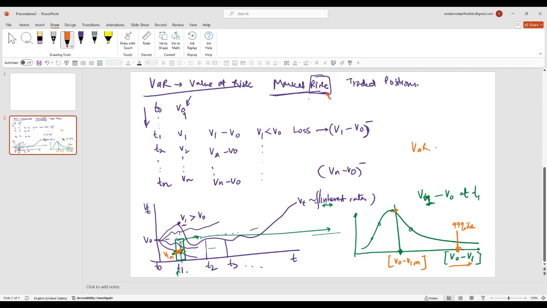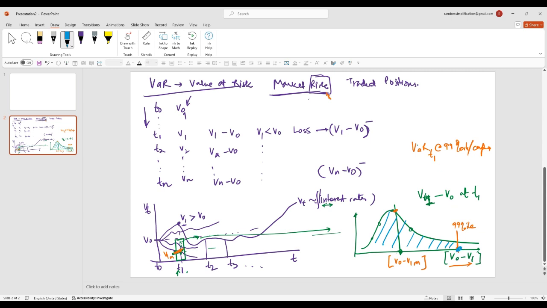So what VaR at time t1 with a 99 percentile or 99 percent confidence says is that for a fair bit of the distribution of the losses, you would expect to make losses which are lower than this level.